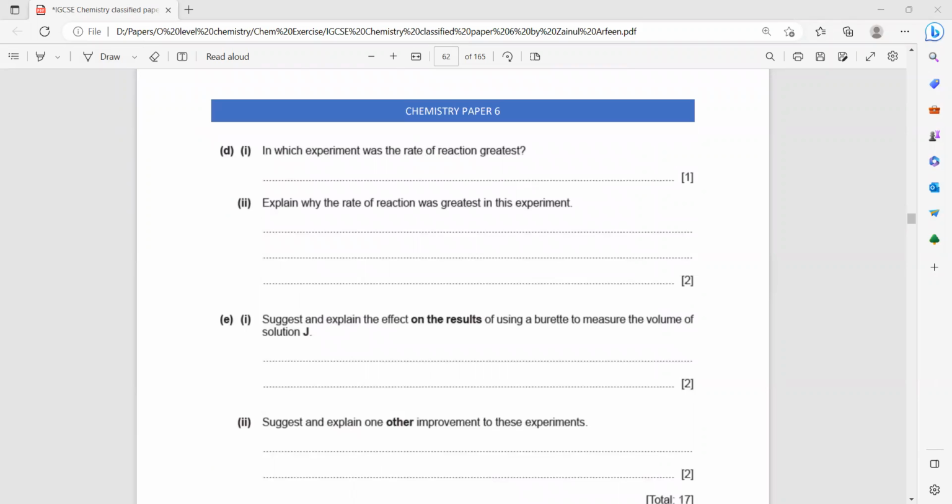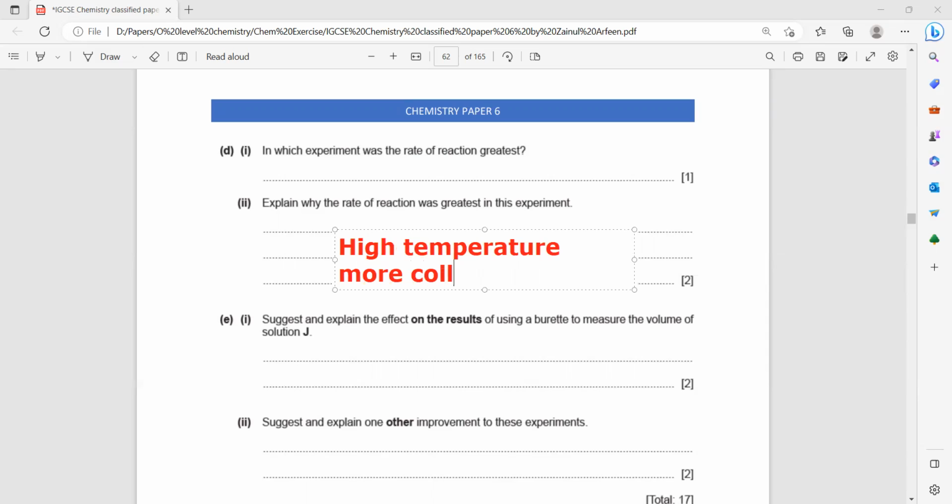At a higher temperature, the reactant particles which are colliding have more motion and react far more; a greater number of successful, effective collisions will be there. So 1 mark is because it was a high temperature. And what is the effect of high temperature? The particles will have high speed, there will be more collisions, or there will be a greater proportion of molecules having energy more than the activation energy.